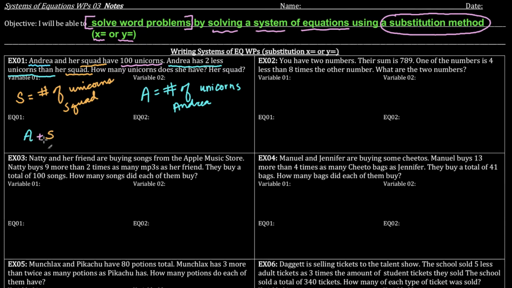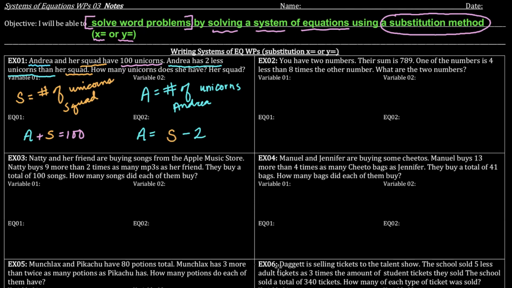The number of unicorns that Andrea has, plus the number of unicorns that her squad has, equals 100. They have a total together of 100. If you add them together, you should get 100. But it also has this one right here. It says Andrea has 2 less unicorns than her squad. So you would take her squad's unicorns and you need to take away 2. So 2 less unicorns than the number that her squad has.